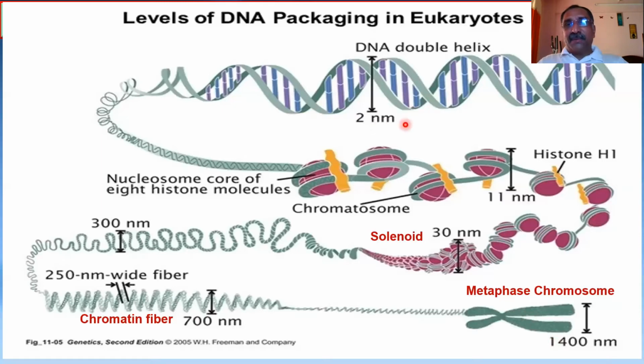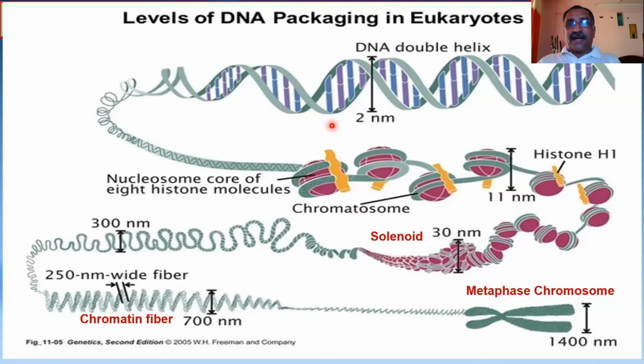Just imagine 2 nanometer and 1400 nanometer. This way the long DNA is coiled and supercoiled, and then placed in a small nucleus like in our cell. So this is the condition.